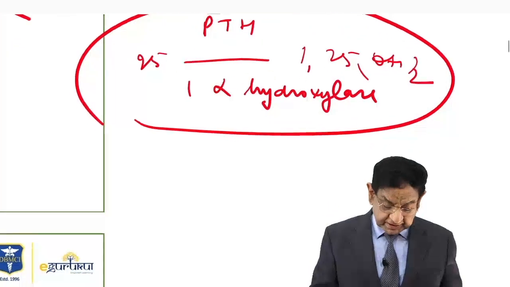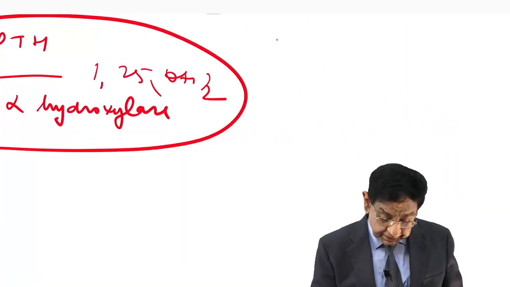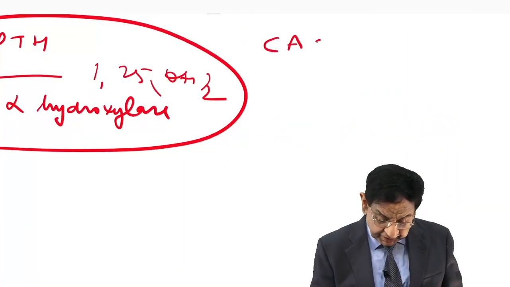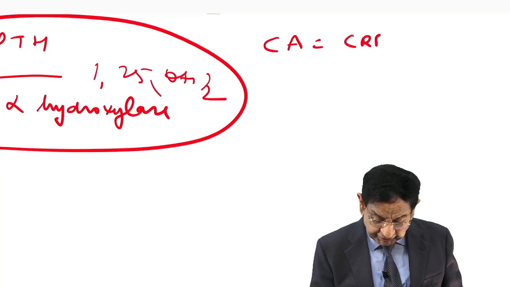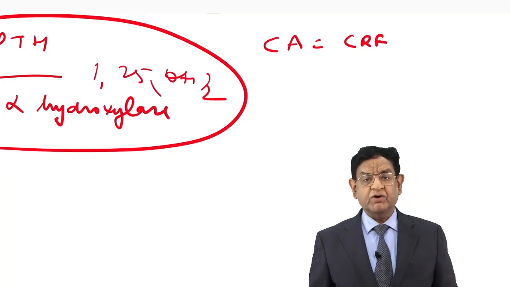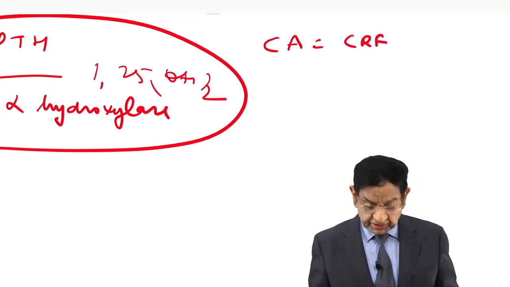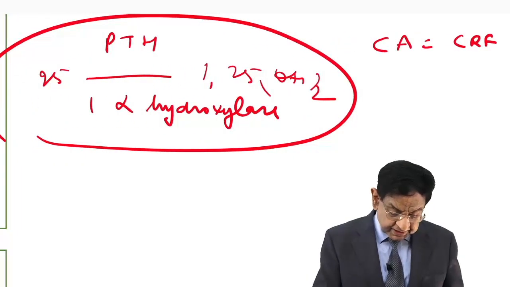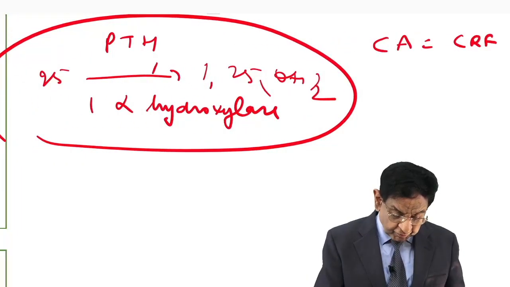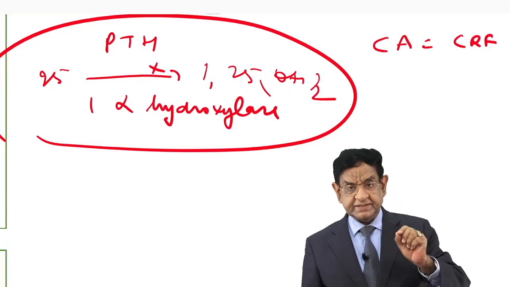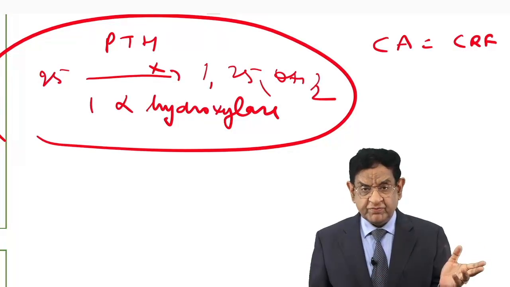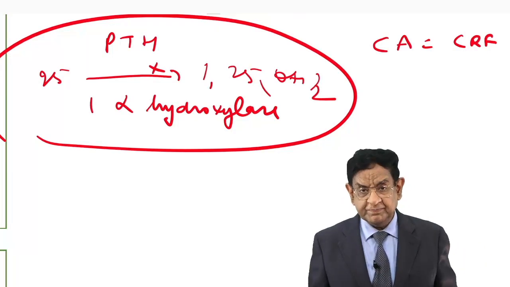Now let me give a clinical application also. Suppose there is one patient who has got chronic renal failure. The kidneys are not working, so this reaction cannot happen. Why? This reaction occurs in the kidneys. Kidney not functioning, so this reaction will not happen.